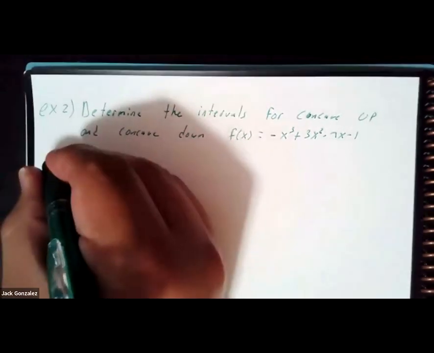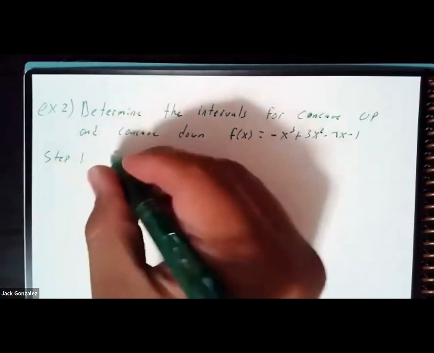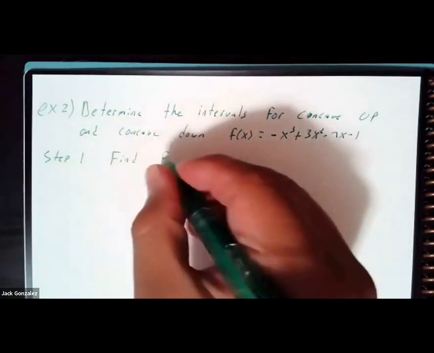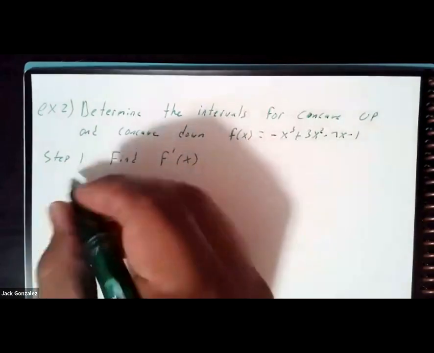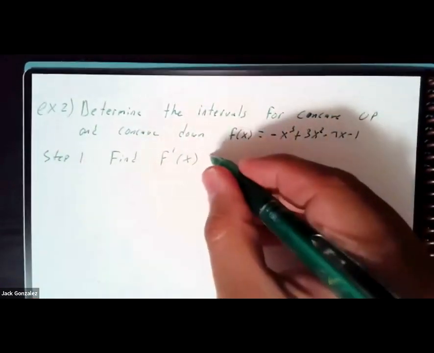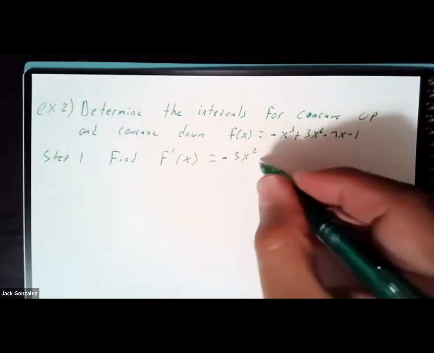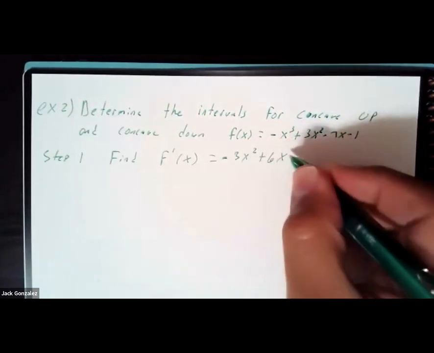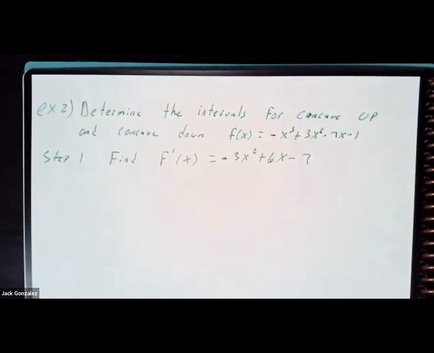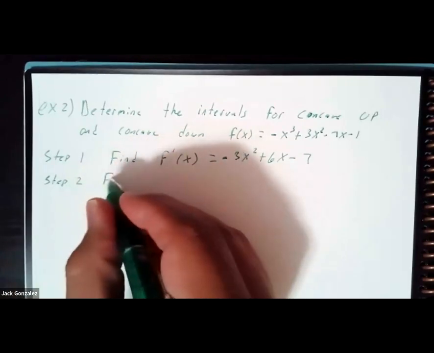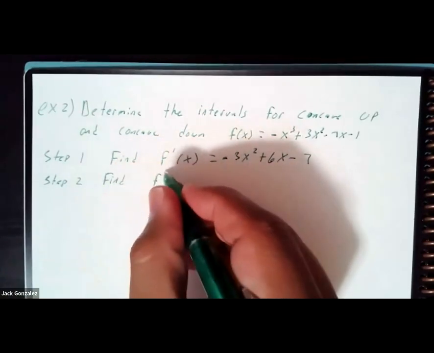So step 1. Find f prime. Do you guys agree with that? Step 2. Find f double prime.